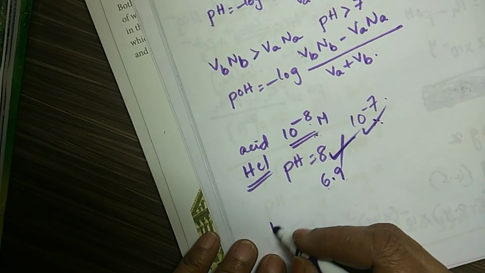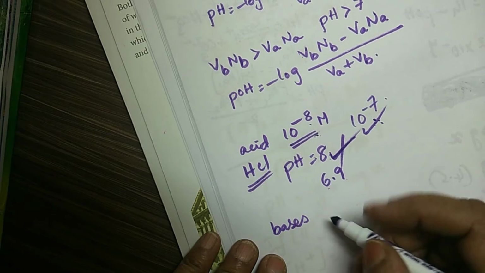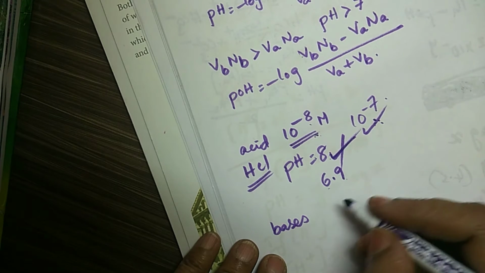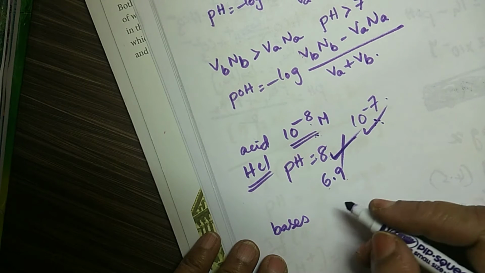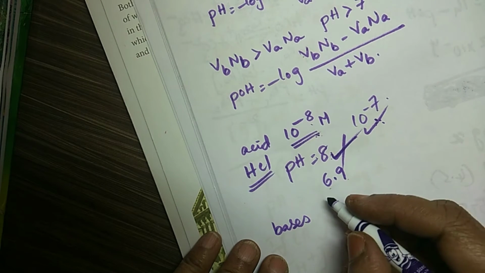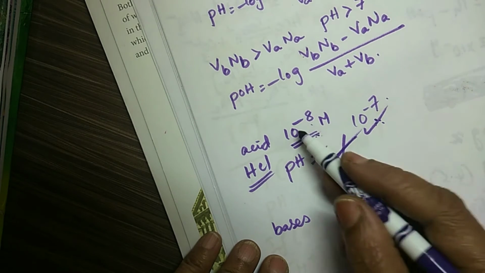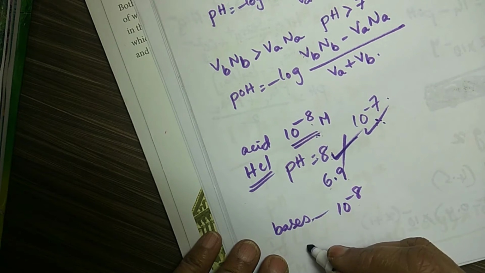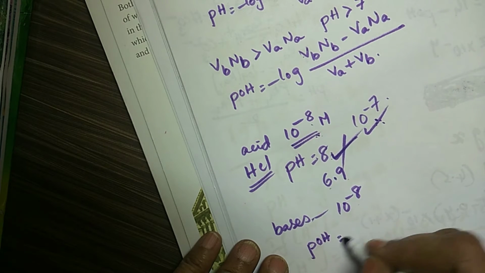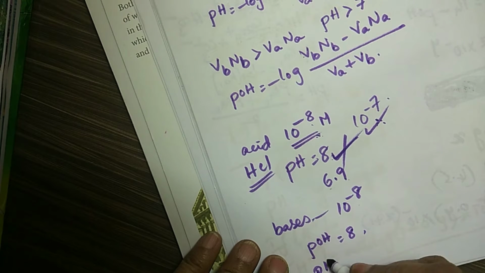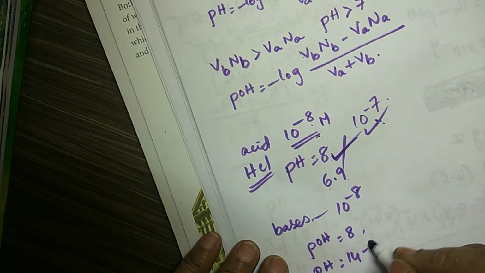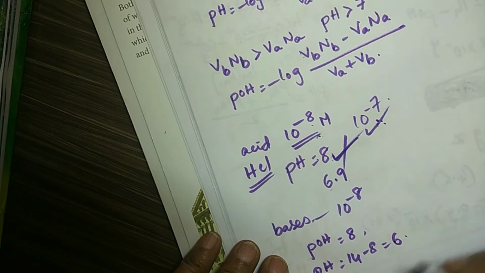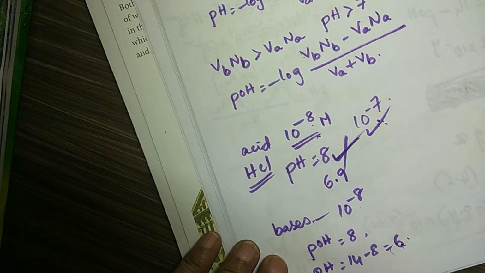And for bases, if we take a base with concentration 10 power minus 8, then pOH becomes 8 and pH will be 14 minus 8, which is 6. A base cannot have pH 6.